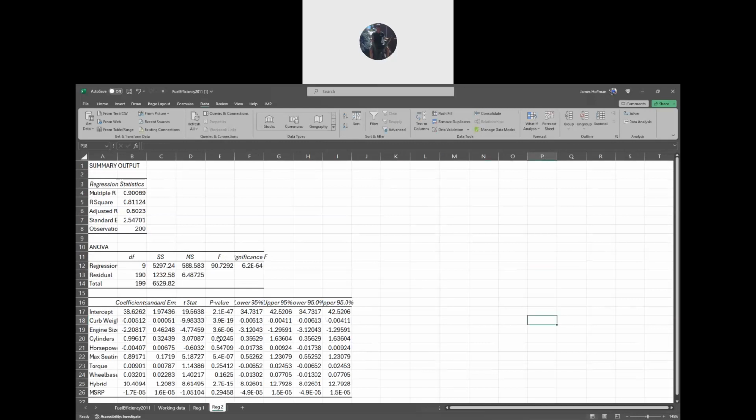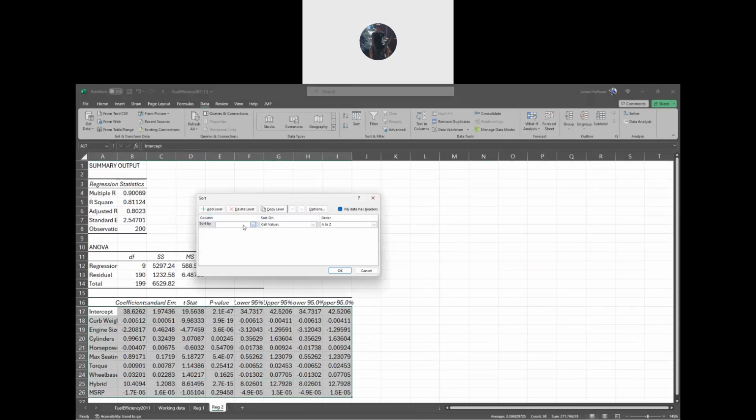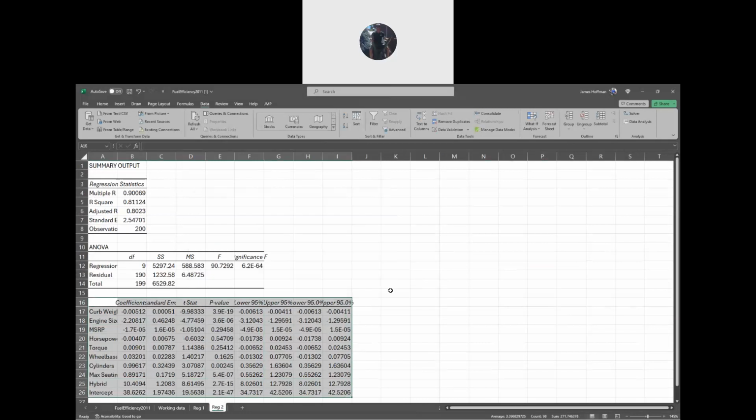Let's sort our output again by t-stat. Let's take out horsepower.